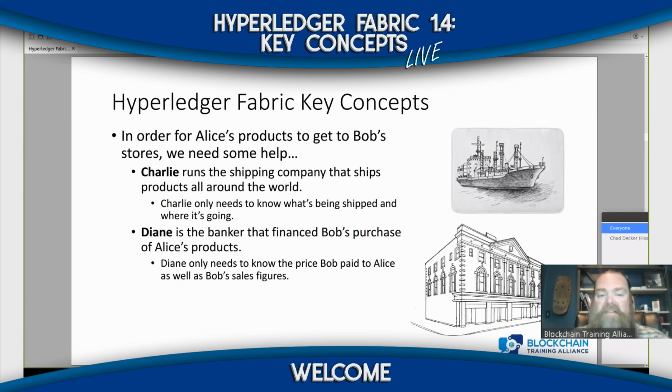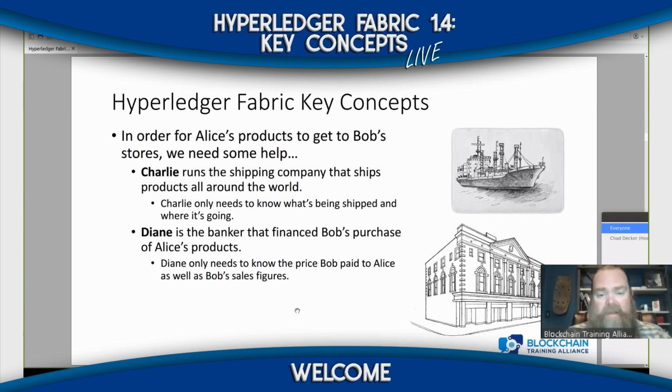So Diane doesn't care what's being shipped or where it's going. Diane wants to know, what is that price that Bob and Alice negotiated? And Diane probably also wants to see Bob's sales figures. How well are these items selling? What kind of risk am I assuming on this loan or this financing?